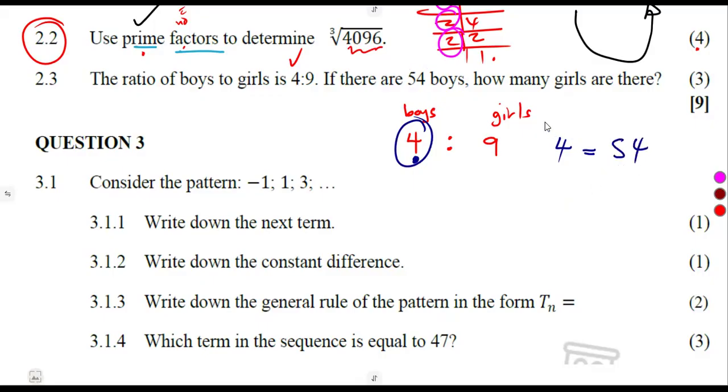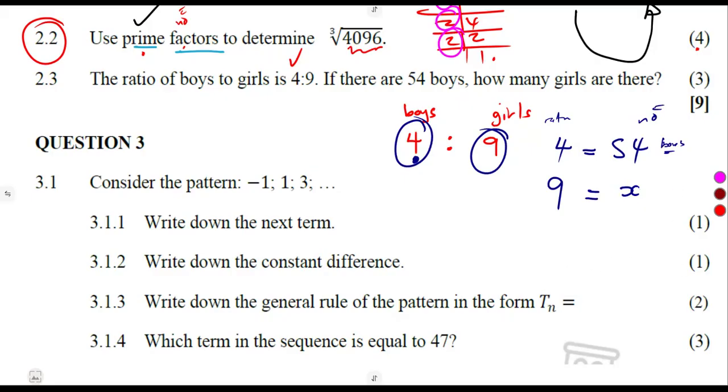So it's a ratio that we are dealing with, and then this is the exact number. So 4, according to the ratio of boys, corresponds to 54 boys. The number of boys that are there is 54. Using the same, if we check 9 as the ratio of girls, how many are they? We do not know.